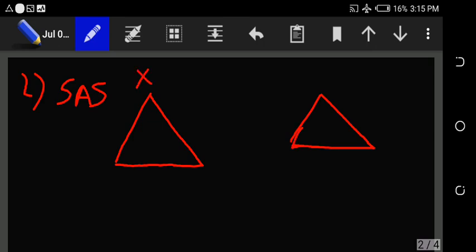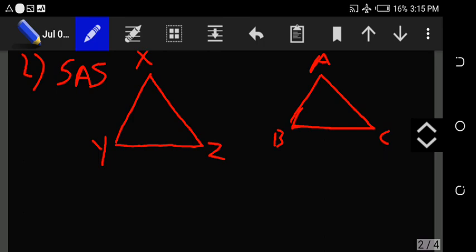Let's say we have X, Y, and Z, and we have A, B, and C. If it is such that the sides of these two triangles are equal, or the ratio of the two sides is equal. What I mean by ratio is that we have two sides here. Let's use this side and this side.